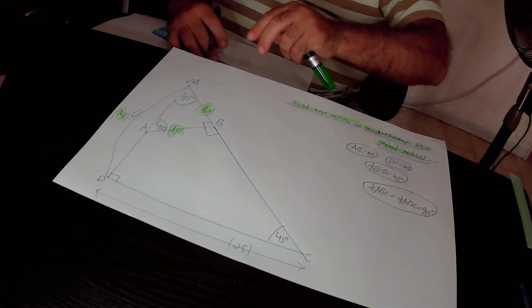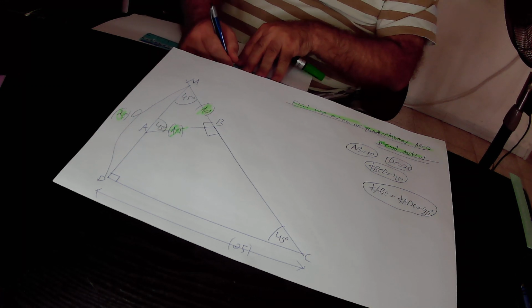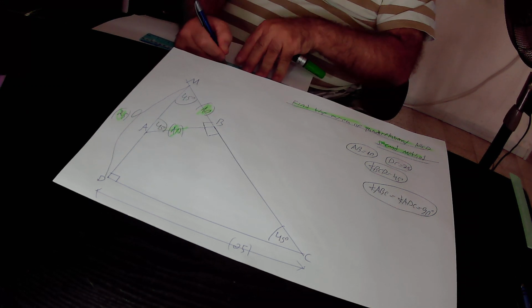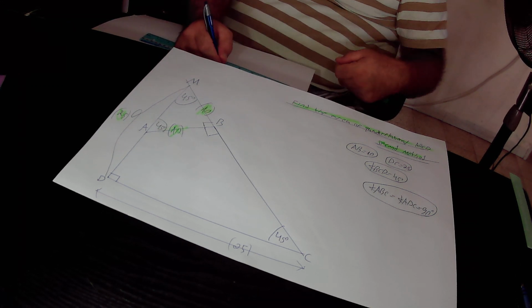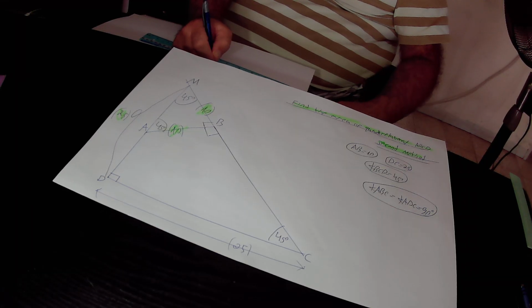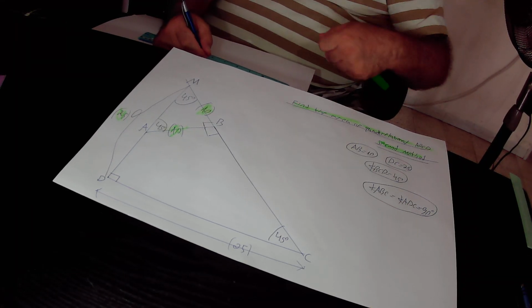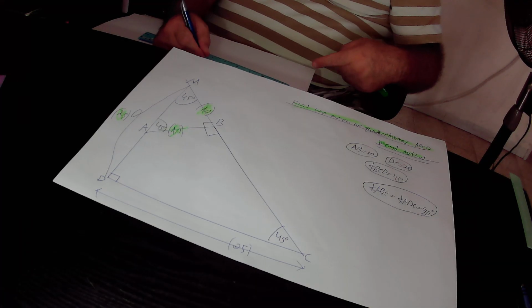DC is 25 times DM, also 25, minus AB is 10 and BM is also 10.